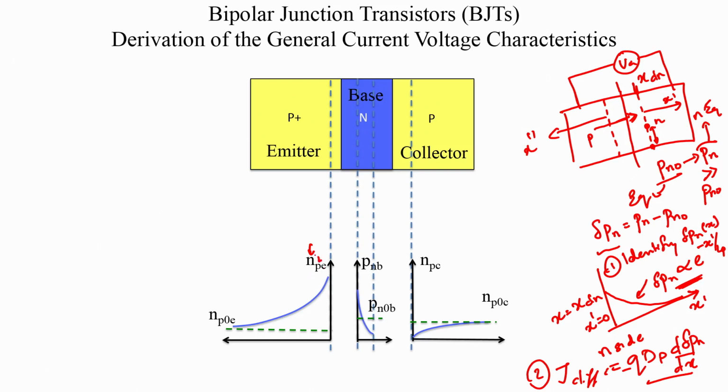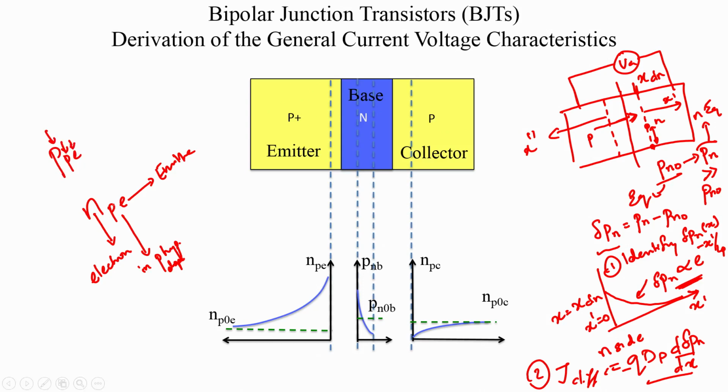So, the symbols here, okay, let me just spend a minute addressing the symbols. When we say NPE, it implies that we are talking about electrons in the p type, in a p doped semiconductor, which means it is the minority carriers, and this E stands for the emitter, okay. And if we say PPE, we are talking about the holes in the p type doped emitter, okay, which is the majority carriers.